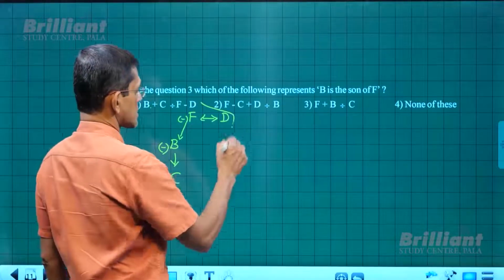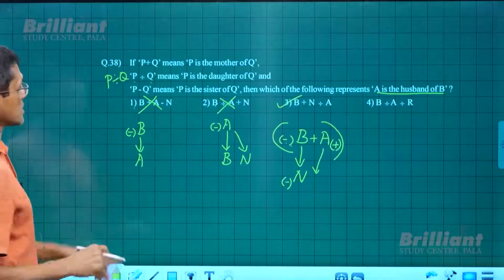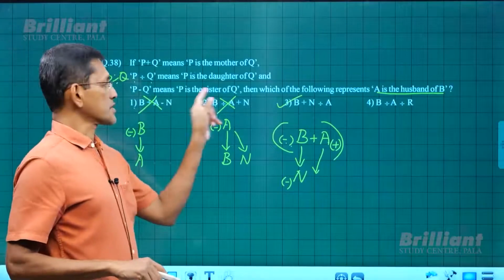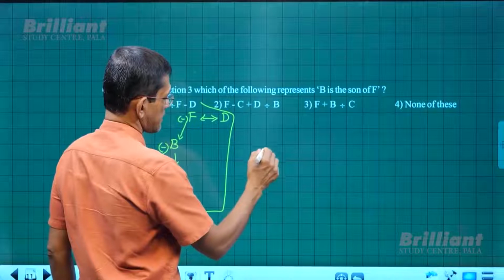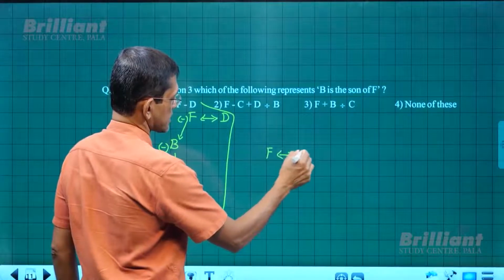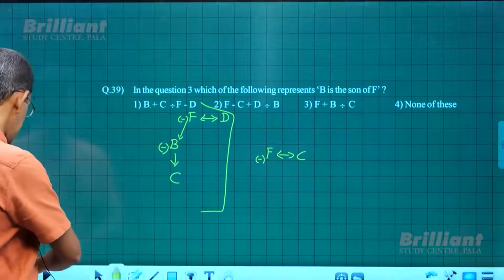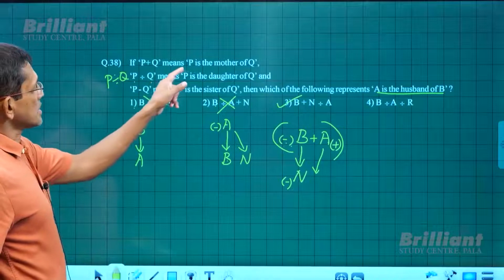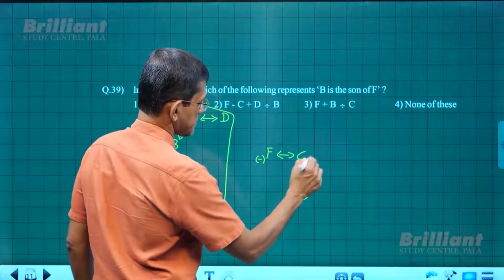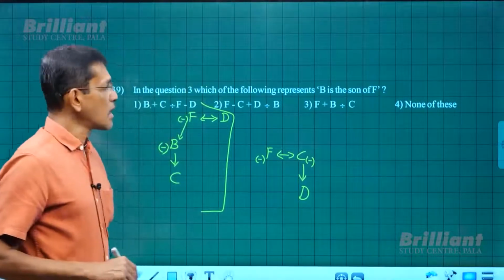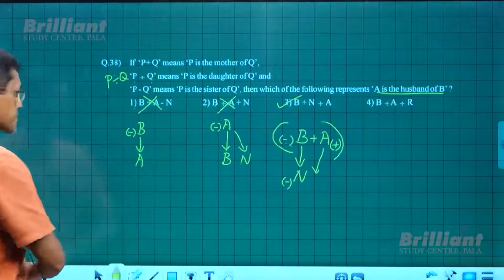Now we go for the second answer choice, F minus C. F minus C means F is the sister of C. And C plus D means C is the mother of D. And next one, D divided by B. What is division?